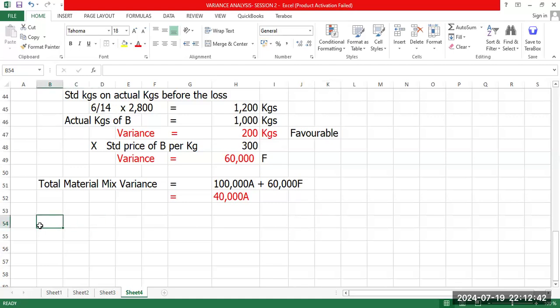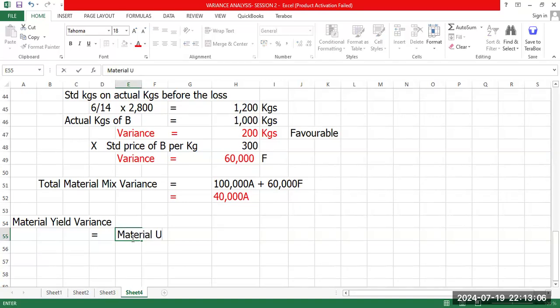So colleagues, we need material yield variance, which is equal to material usage variance minus material mix variance.